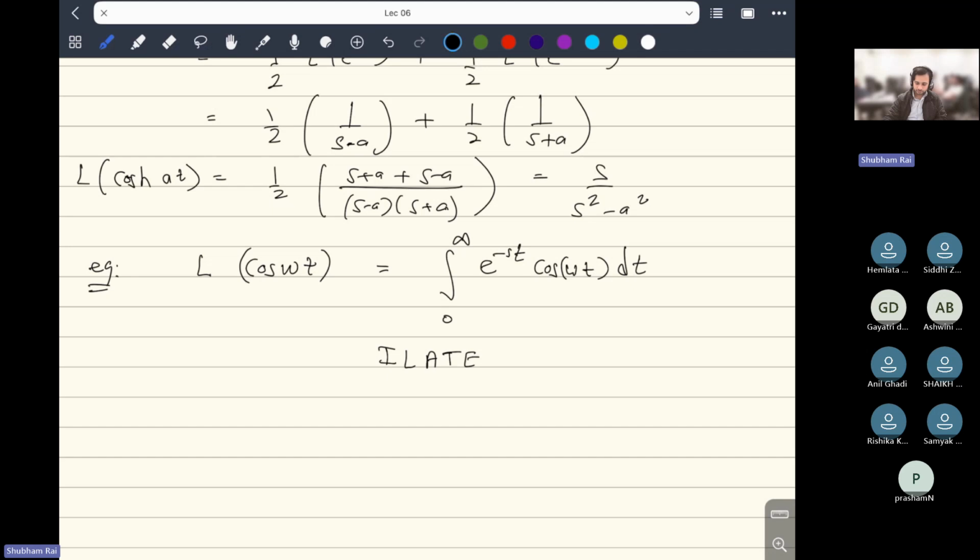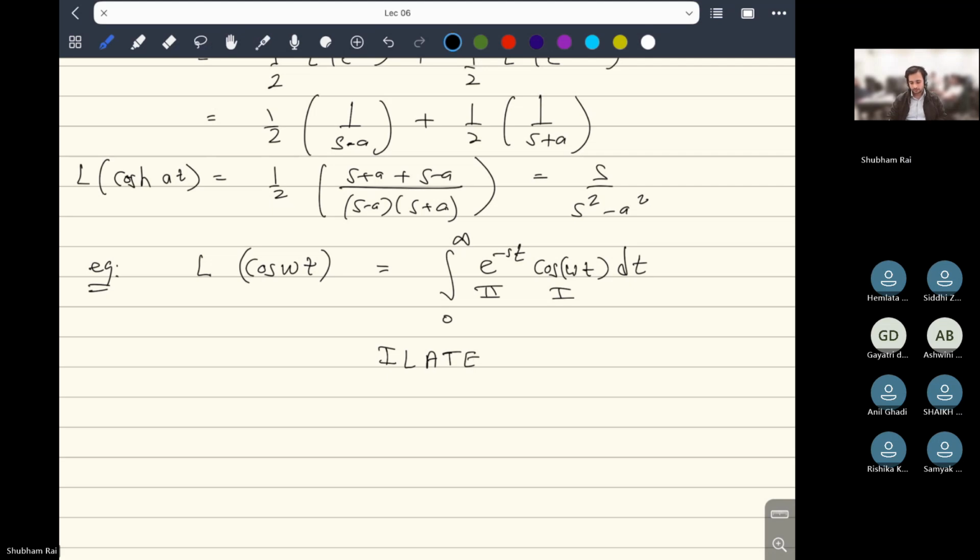So we will choose the exponential function as the second function and this as the first function, because the exponential function is coming at the end. We differentiate the first function and we integrate the second function.